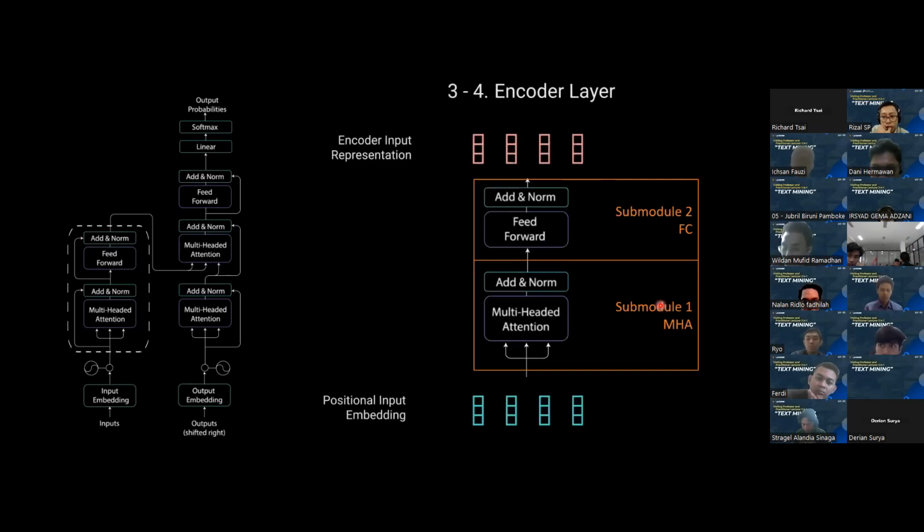Now, let's delve into the encoder layer. This layer consists of 2 main parts: the multi-head attention submodule, abbreviated as MHA, and the fully connected submodule, abbreviated as FC.